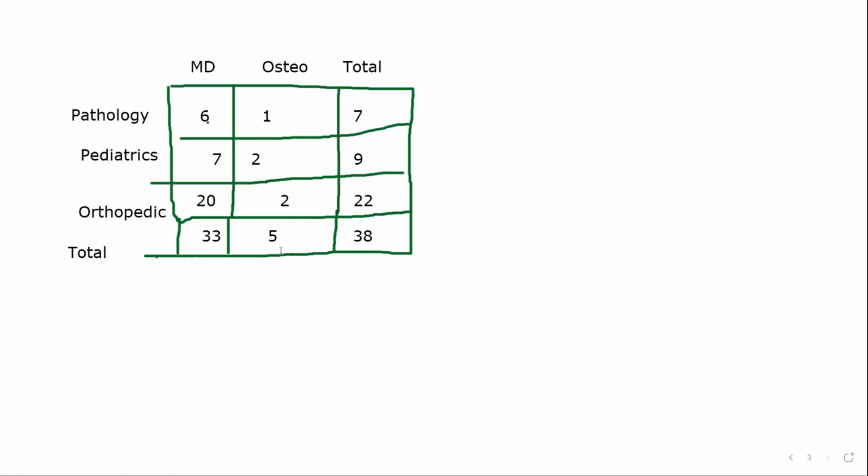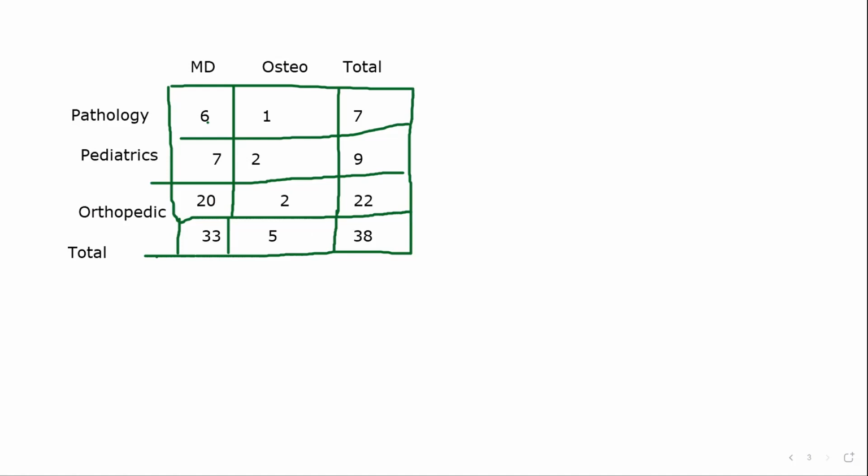The row totals should match the column totals. So 7 plus 9 plus 22 should be 38, and 33 plus 5 should be 38. Always make sure those match, because we're going to have some where we have to do the math manually.